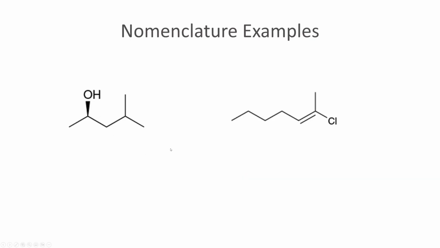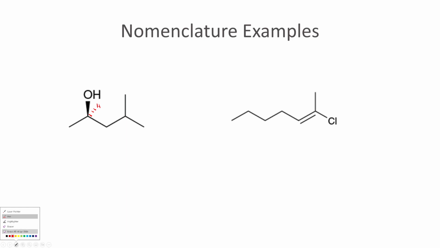So here we have two examples. One is an alcohol, and one thing I want you to notice about this alcohol is that there is a chiral carbon. This carbon here is attached to 4 different groups, and so we're also going to have to do R and S. Now also our highest priority group is the alcohol, so that's going to contain our parent chain.